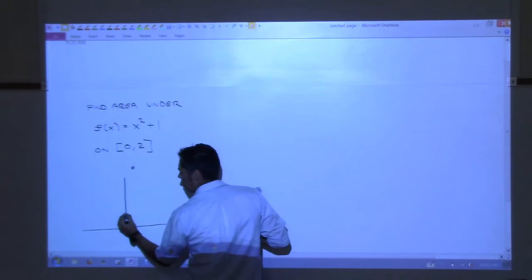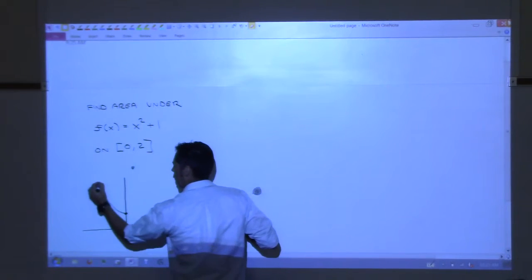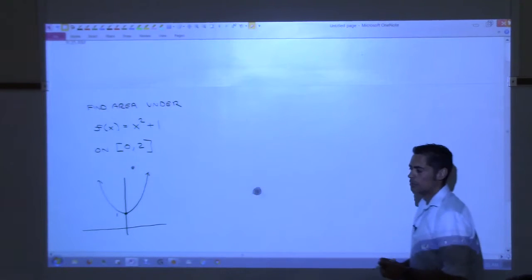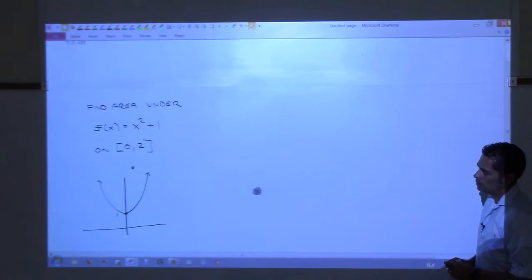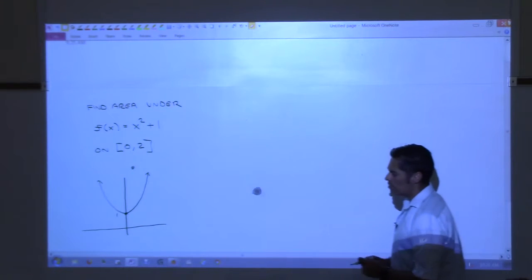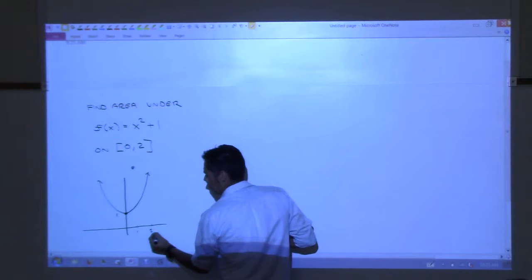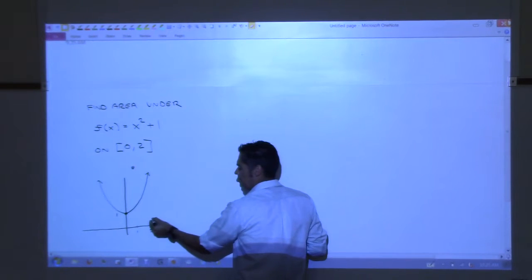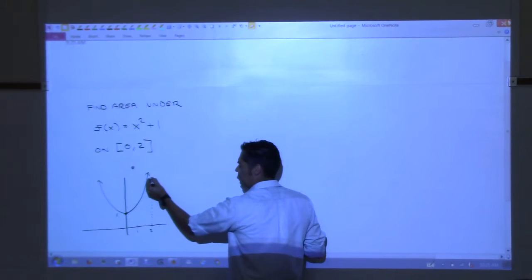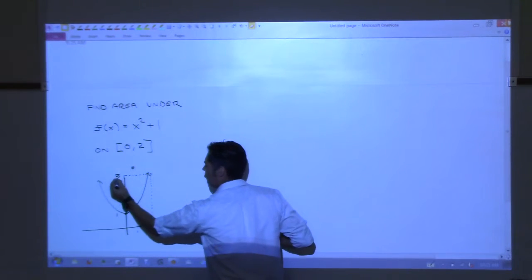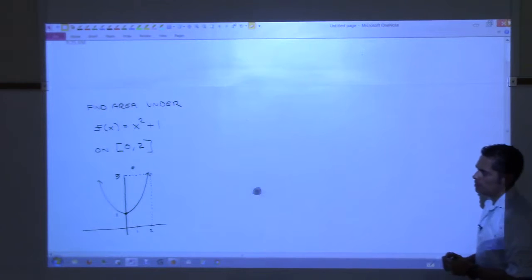X squared plus 1 is this parabola, right? If we look at the interval 0 to 2, imagine going up here. Wouldn't that take you to 5? Wouldn't that be 5 up there? Yes?